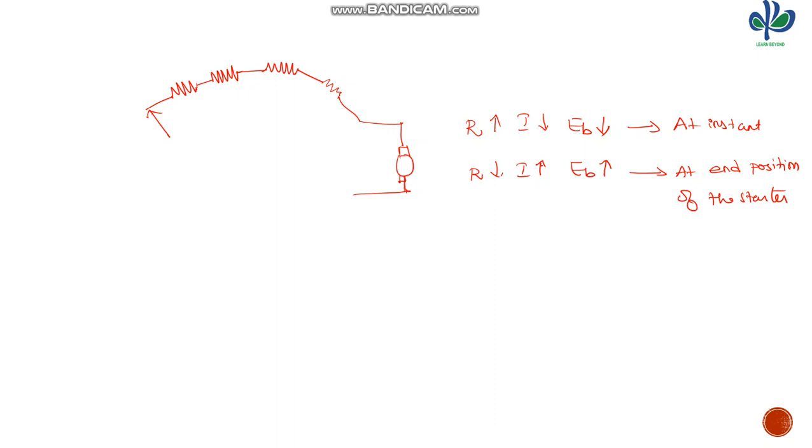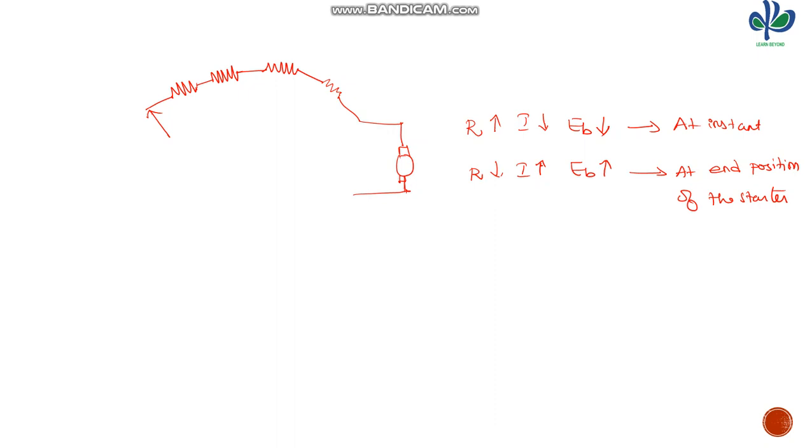At this condition EB is minimum, so we can assume it is equal to 0, and at this condition EB is maximum. EB won't reach the value of the applied voltage, so it is always less than 220, the applied voltage that we have assumed as 220 volts.